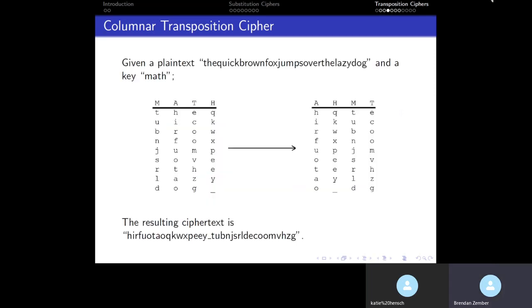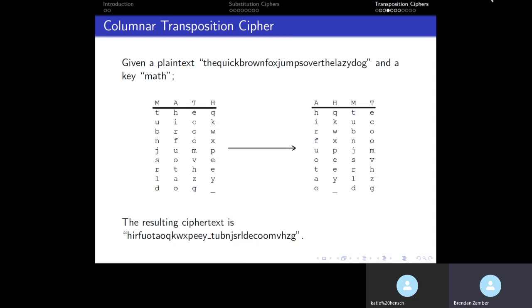So as an example, if we have the text, the quick brown fox jumps over the lazy dog, and a key of math, we make a matrix that has 4 columns, hence the key math, and we fill in the plain text horizontally. Then, since A is the first letter in our key, we move that entire column over farthest to the left.